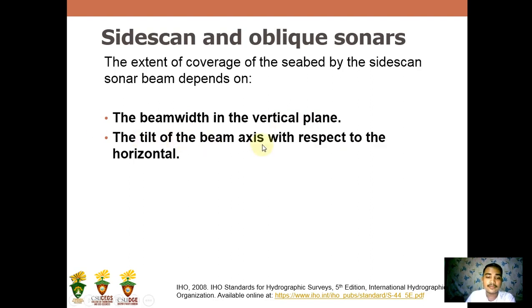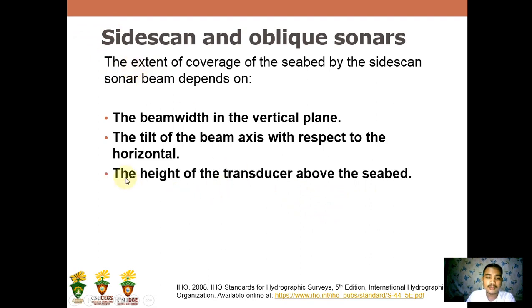Next is the tilt of the beam axis with respect to the horizontal. The same kung sa vertical aspect, naa pod tayo sa horizontal aspect. Again, pag dili na siya masunod ang katong gihatag nga standard, so therefore na-adjust siya, effect sa coverage.